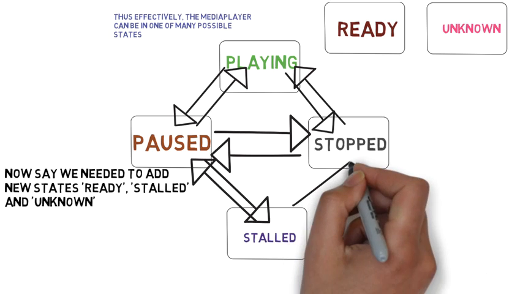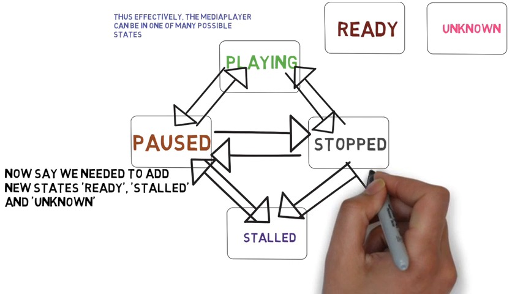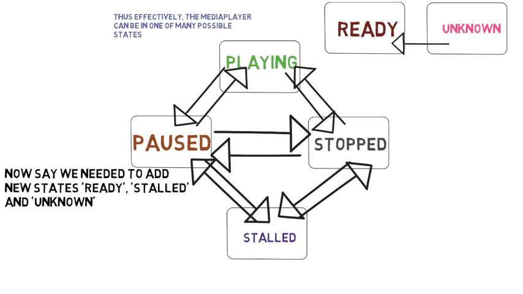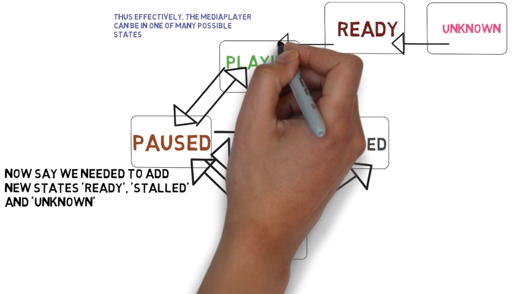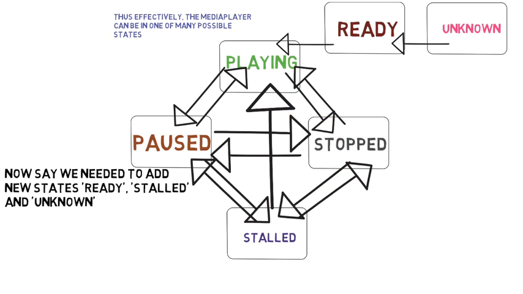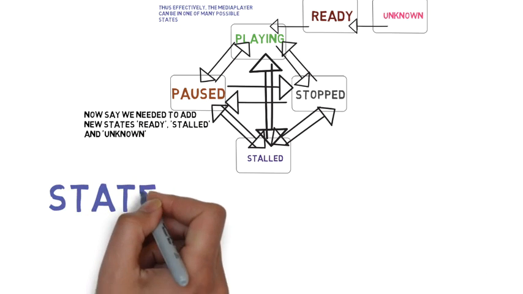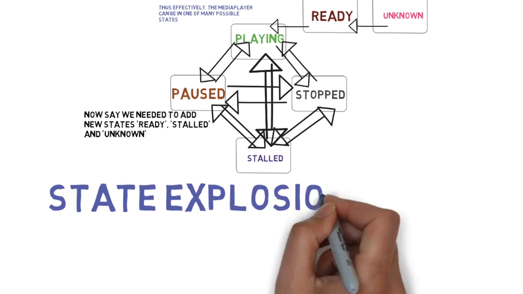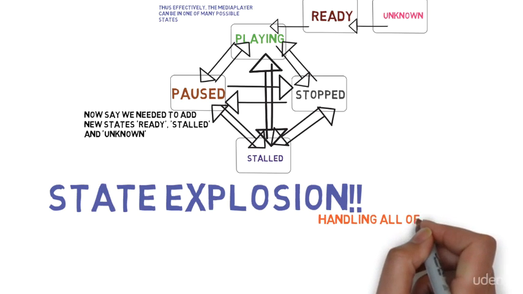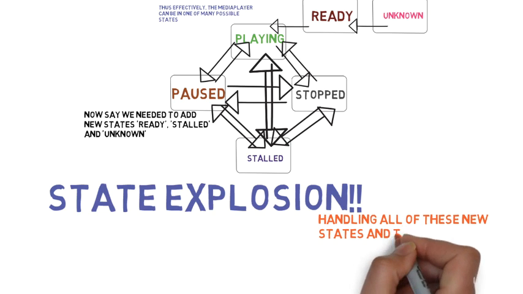So you can move to paused and back, playing and back, stopped and back. Does this look manageable to you at this point in time? Not really. The sheer number of transitions makes maintaining code which handles these unmanageable. What we have is state explosion. Handling all of these new states and the transitions between them can become a real nightmare.